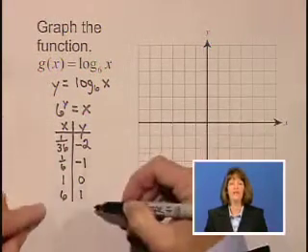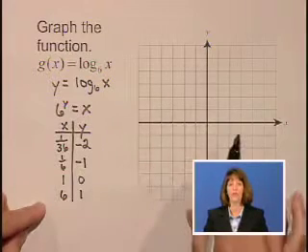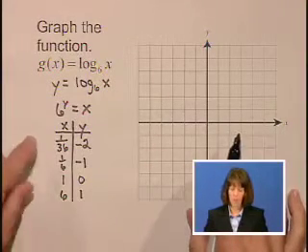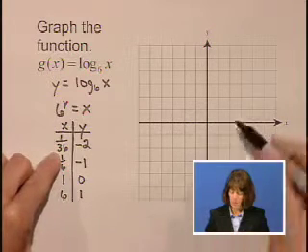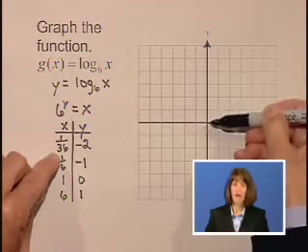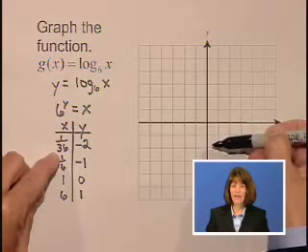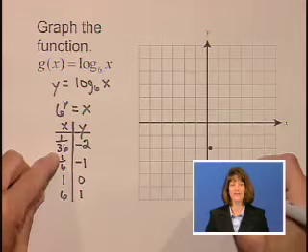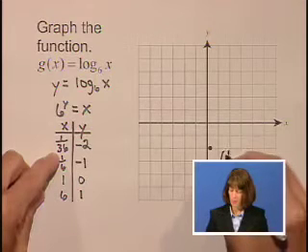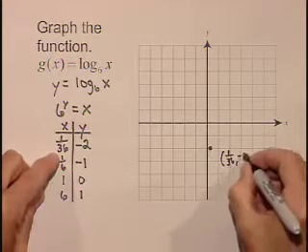Now let's plot these points on our Cartesian coordinate system. We have the point x is equal to 1/36, y is equal to -2. So we'll come over slightly on the x-axis and down -2 on the y-axis. That's the point 1/36, -2.